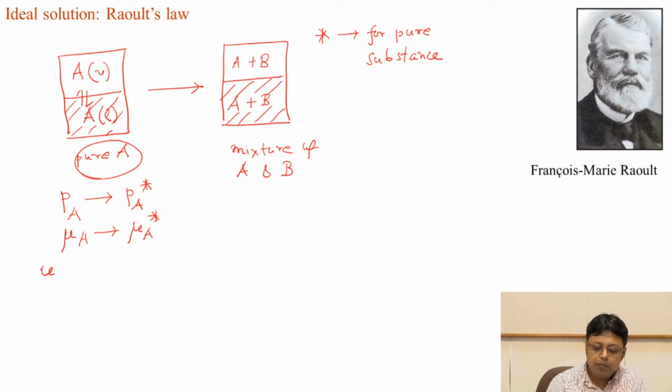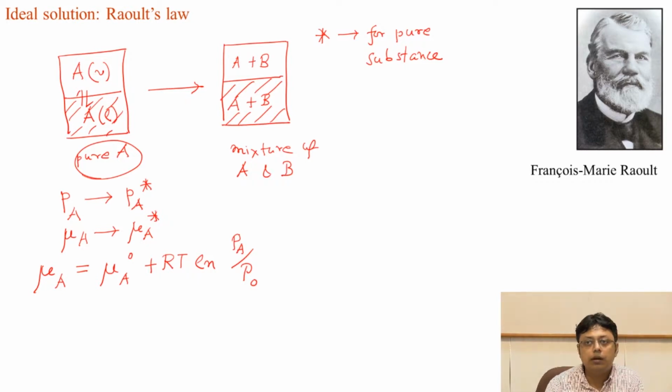So before mixing, what we had is mu A star equal to mu A0 plus RT ln PA star by P0. Now this is the initial pressure of the gas. Initial pressure means the partial pressure is nothing but equal to the total pressure, and P0 as before is taken to be 1 bar.